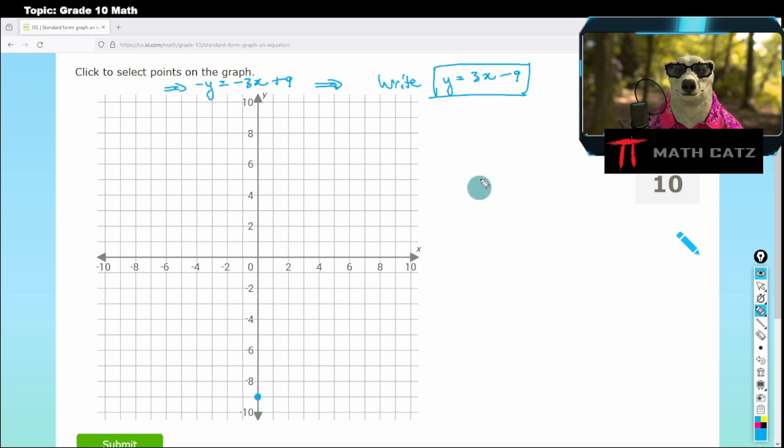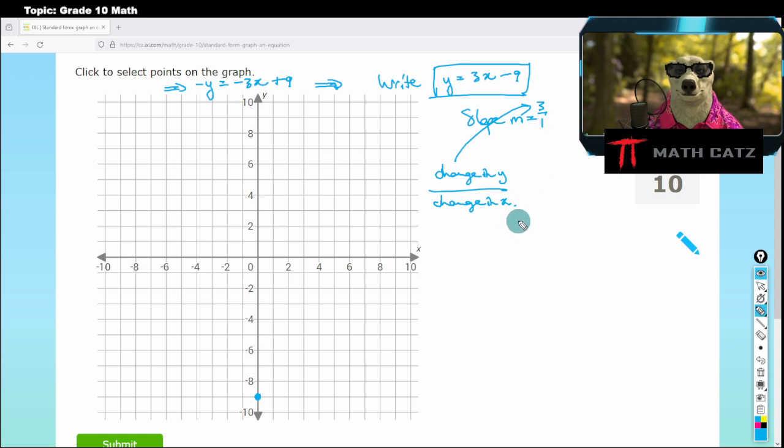All right. I can use my slope. So slope m is 3 or 3 over 1. Now I do want to see it as a fraction because it's change in y over change in x.